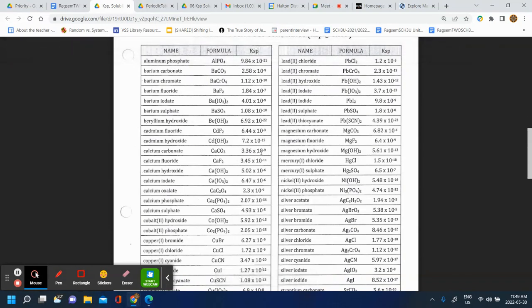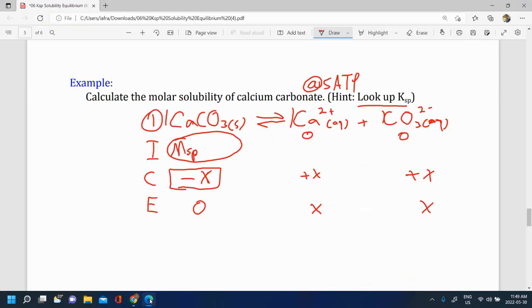Calcium carbonate is 3.36 times 10 to the power of negative 9. So the Ksp is 3.36 times 10 to the power of negative 9, and this is from our table.